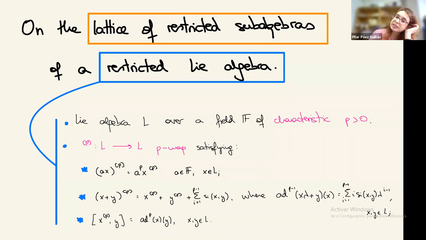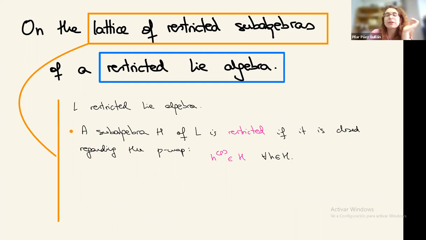So this is a restricted Lie algebra, and we're going to speak about its lattice of restricted subalgebras. What is a restricted subalgebra? If I pick a subalgebra H of my Lie algebra, I'm going to say that it is restricted if it is closed regarding the p-map: if I pick an element h of the subalgebra, every time I apply the p-map to h, I'm still in the subalgebra.